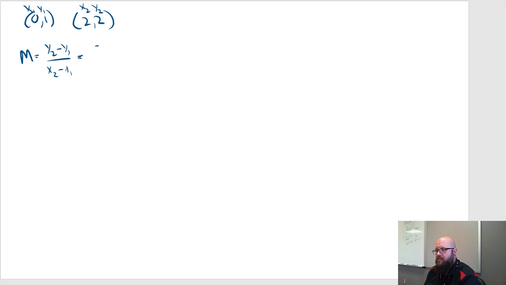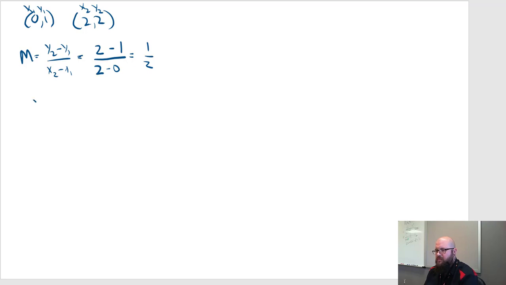Our y2 is 2 minus our y1, which is 1, all over x2, which is 2, minus our x1, which is 0. Simplifying that, 2 minus 1 gives us 1 over 2. So we know our slope is 1/2.